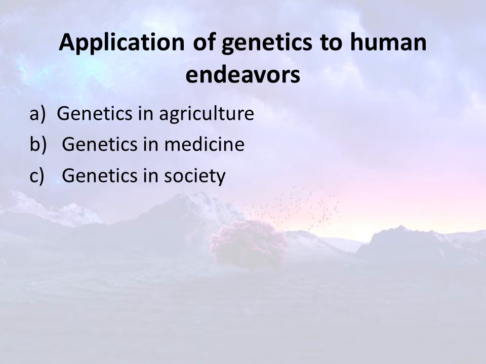Advances in molecular genetics are providing new ways of detecting mutant genes in individuals. How can it be identified? It can be identified by diagnostic tests based on analysis of DNA, which are now readily available.